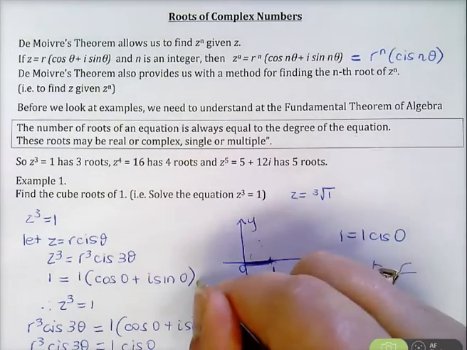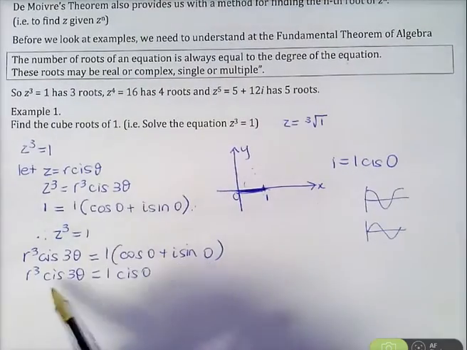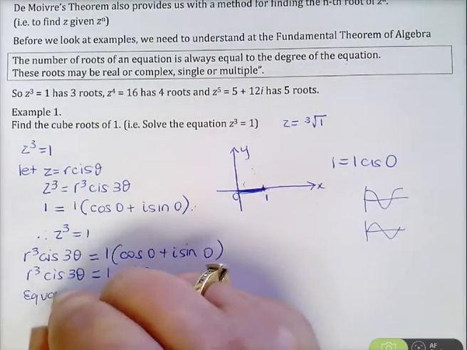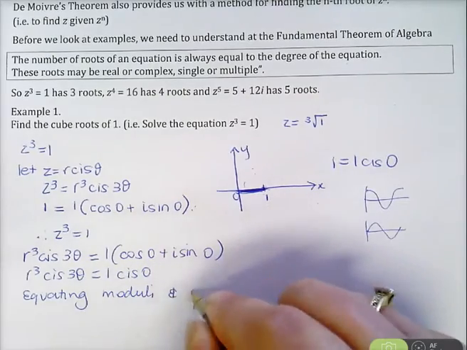So I probably should have written that as 1 cis 0. So now equating moduli and arguments.